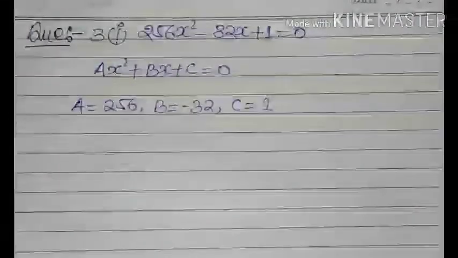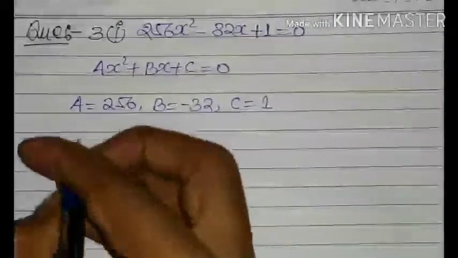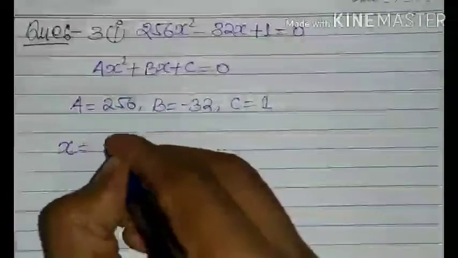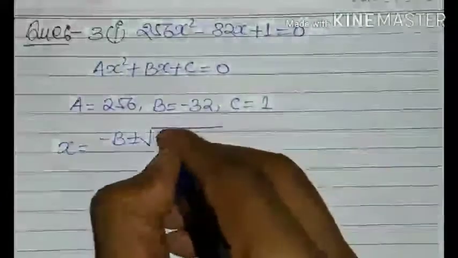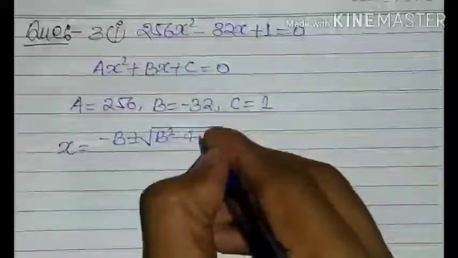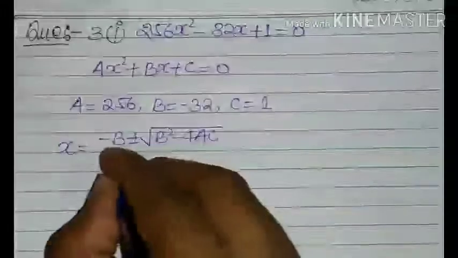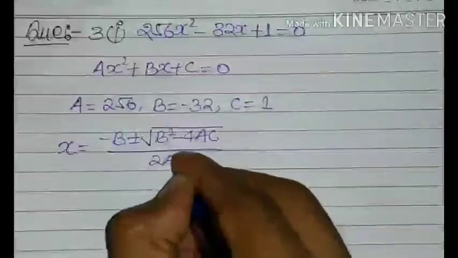Okay, and the formula is x equals to minus b plus minus root over b square minus 4 into a into c by 2a.